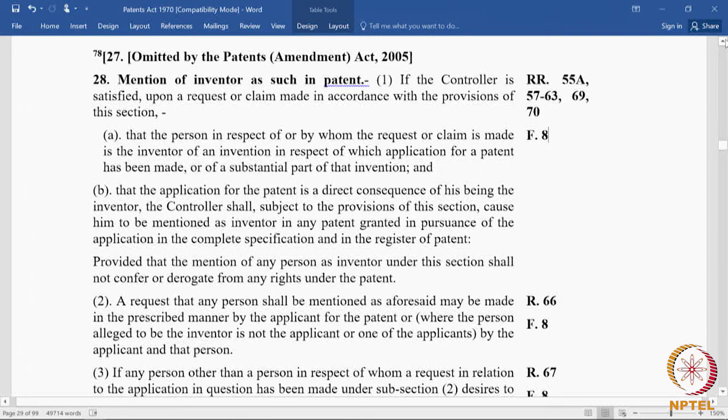So, in cases where the person alleged to be the inventor is not the applicant or one of the applicants, then it is by the applicant and that person. So, this is what is mentioned in the Act. 3.